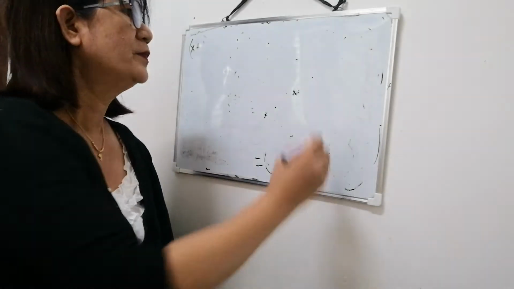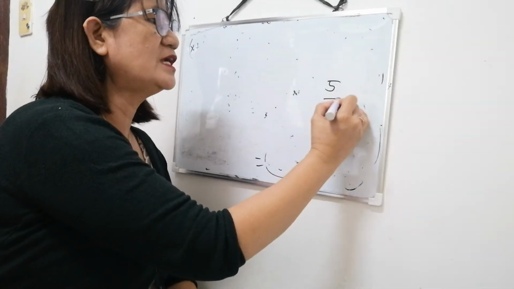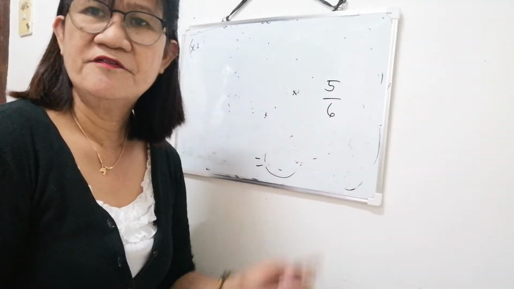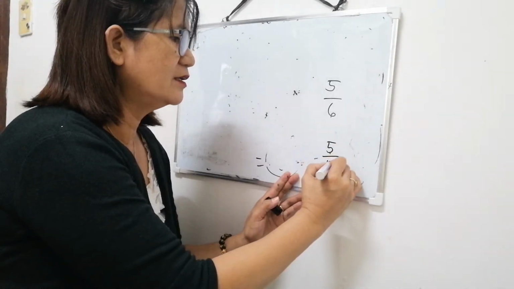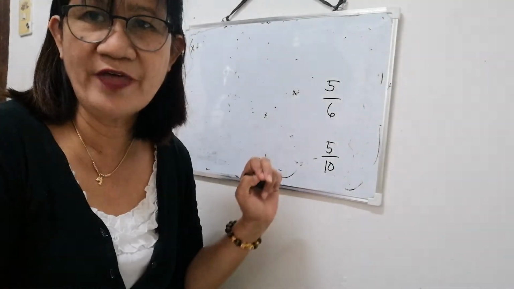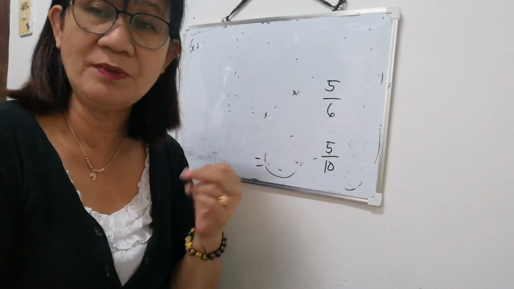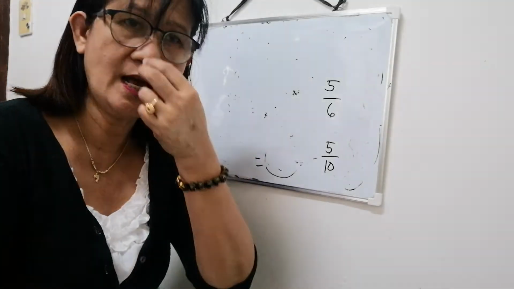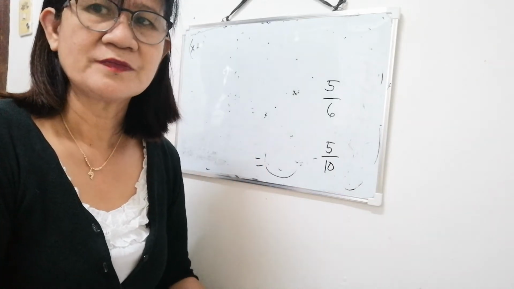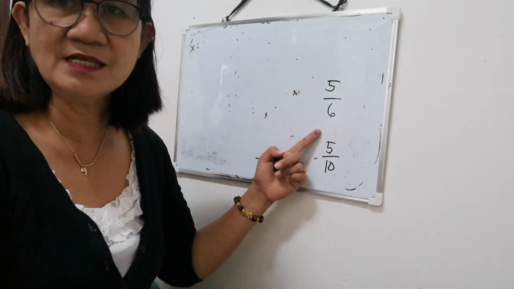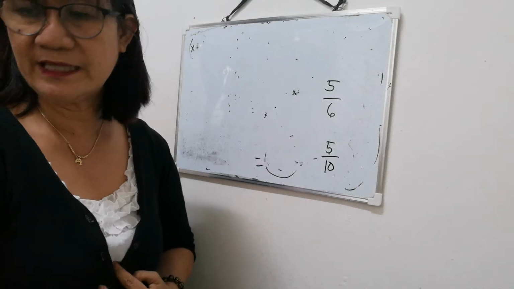For example, 5 over 6, 5 over 10. Which of them is said to be simplified? Alin sa kanilang dalawa, yung nasa lowest term? Is it 5 over 6 or 5 over 10?